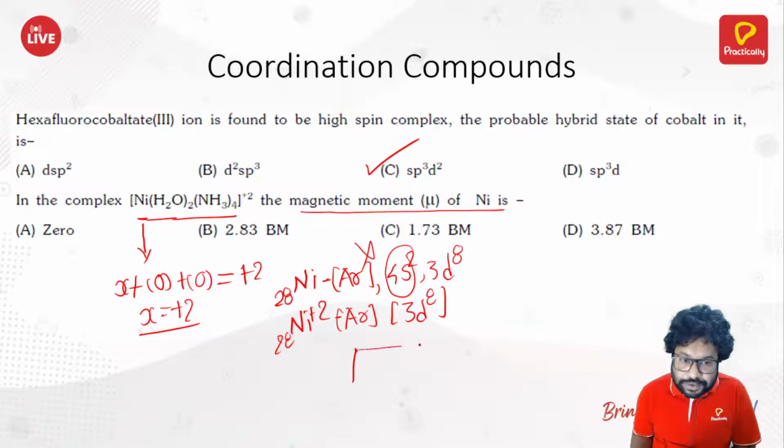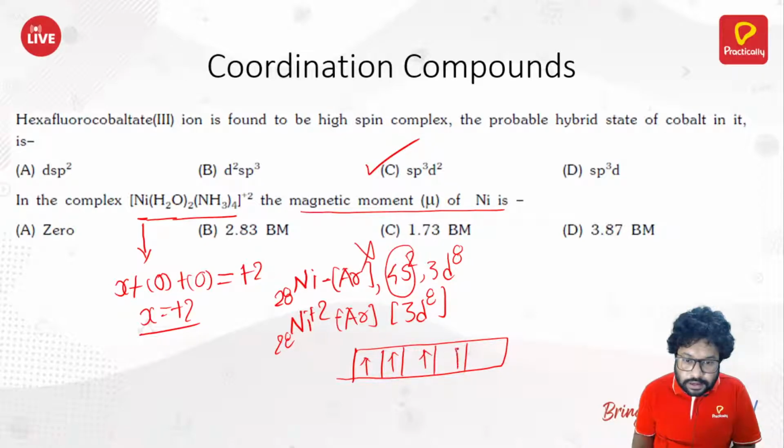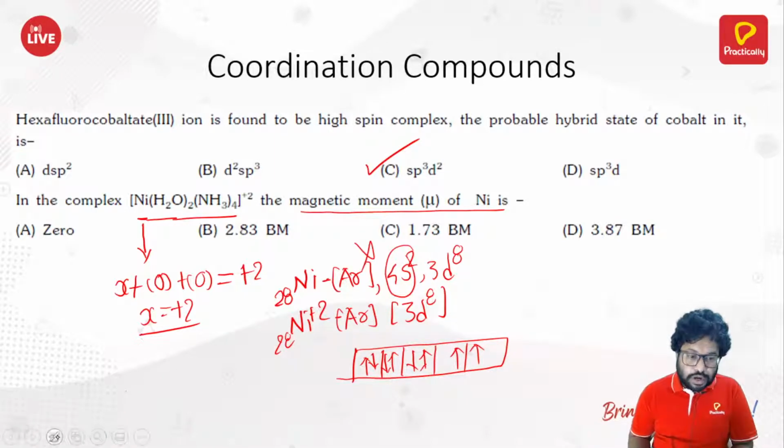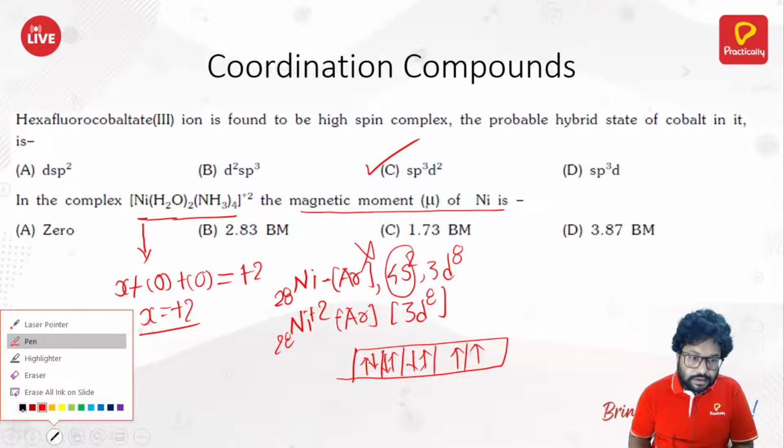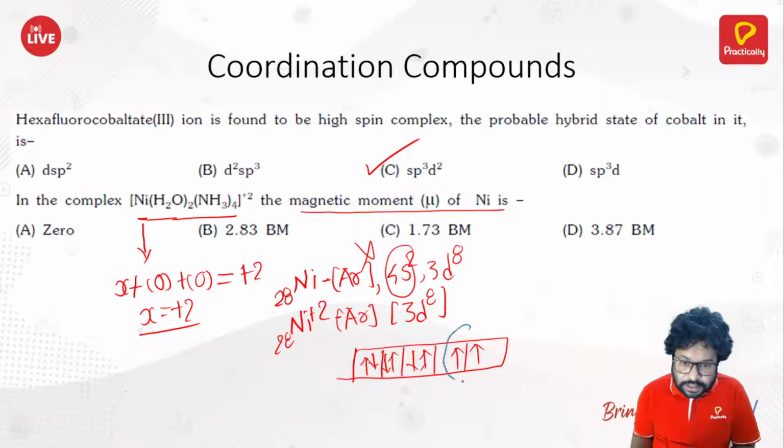What remains is 3d8. How do you distribute these 8 electrons? 1, 2, 3, 4, 5, 6, 7, 8. So you got 2 unpaired electrons. These are the 2 unpaired electrons, right?